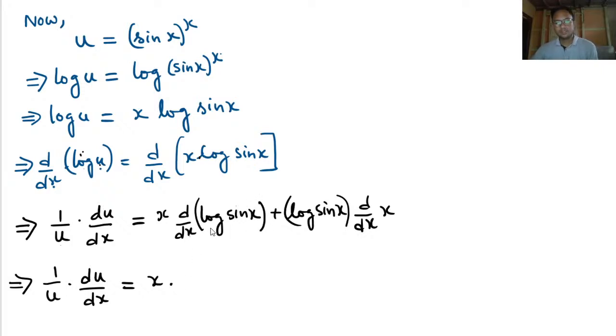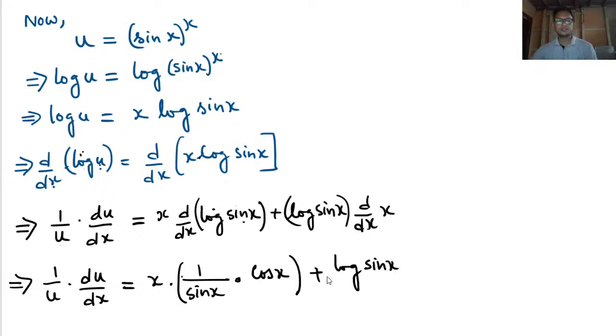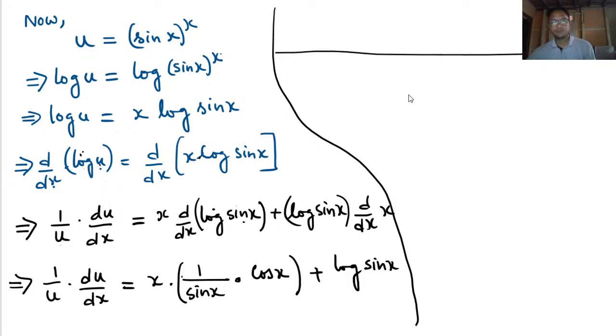To differentiate log of sine x we use the chain rule: the outer function log gives 1 by sine x, times the derivative of sine x, which is cos x. Plus log of sin x times 1. So this is what we are getting now.